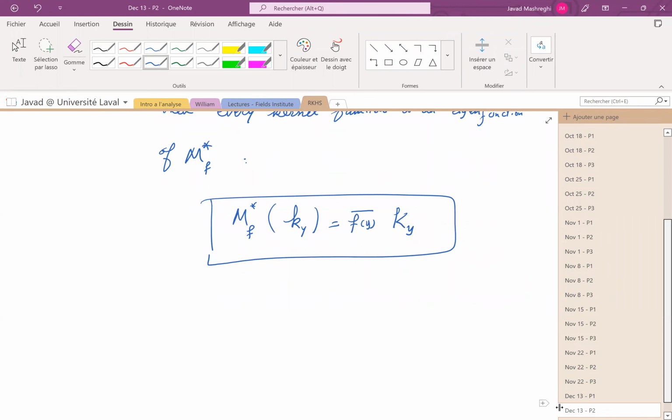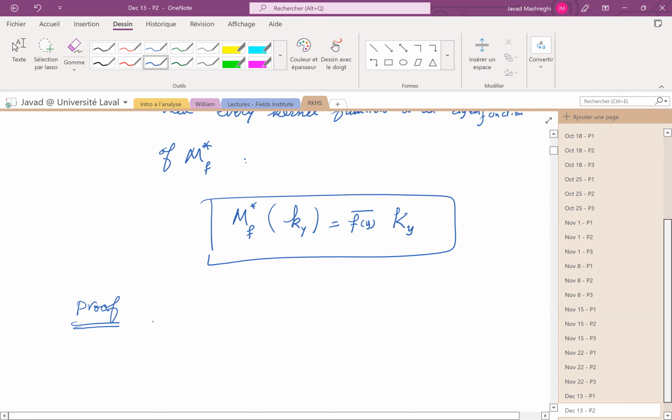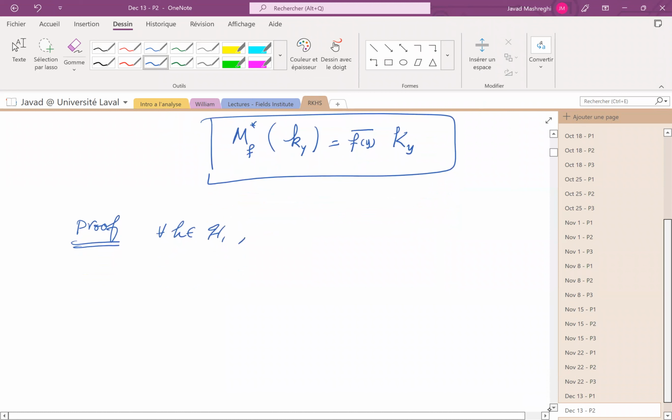And we will see a consequence of this momentarily, but first let's prove it. The proof is very straightforward. It's not difficult. For any h in the first space H1, let's start with F(y) h(y).